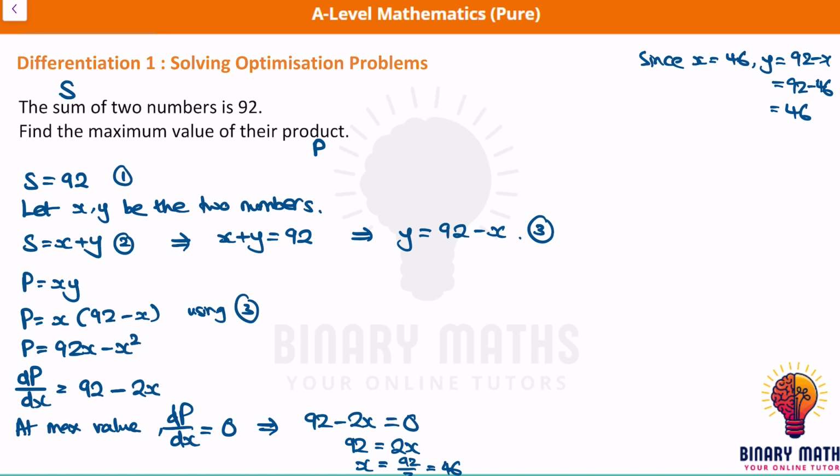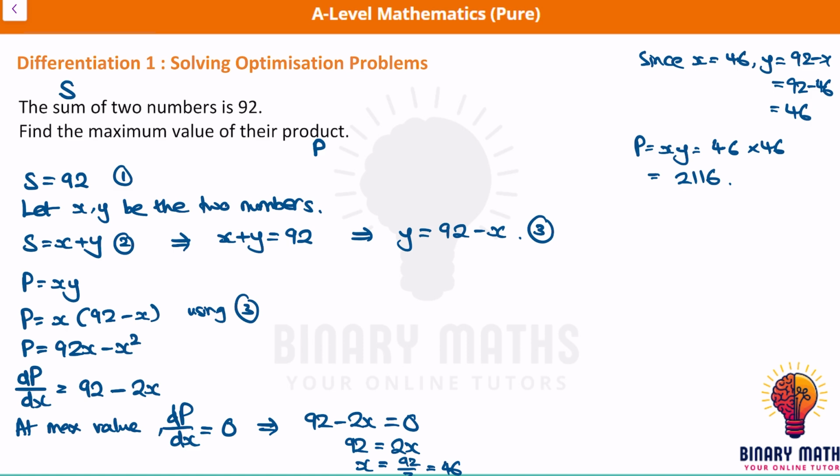So the maximum value of the product is, remember, X times Y, which is equal to 46 times 46. If I put that into my calculator, I get 2116.